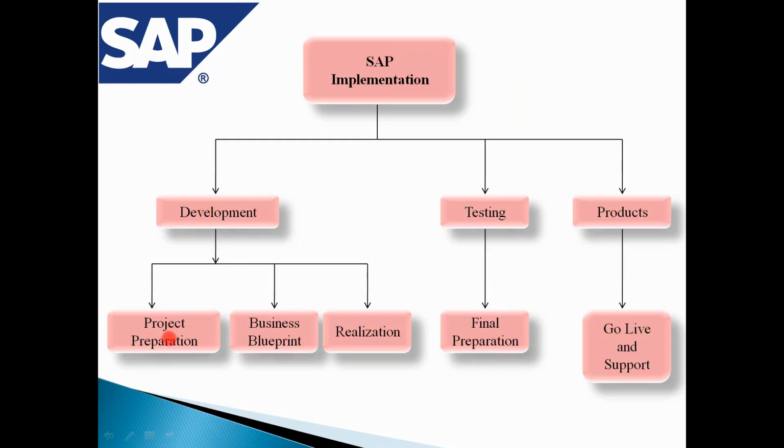Project preparation, business blueprint, realization, final preparation, and then go live and support. Project preparation, what you do as an SAP consultant. See here, for example, now think about IBM. Think about O2 or Dell.